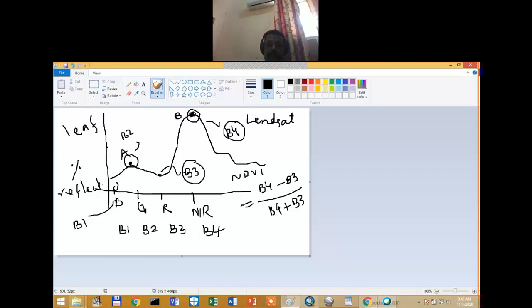So if you find an equation or an index involving these two bands, like band number 3 and band number 4, then you can find out a number where you can see the range. Range means where are the areas where you have a very good vegetation, and in which areas you have a very low vegetation.